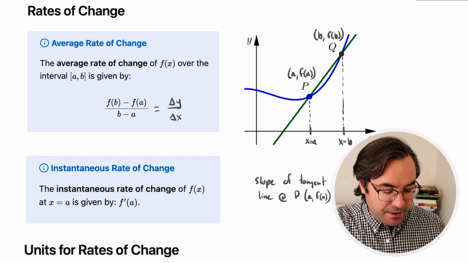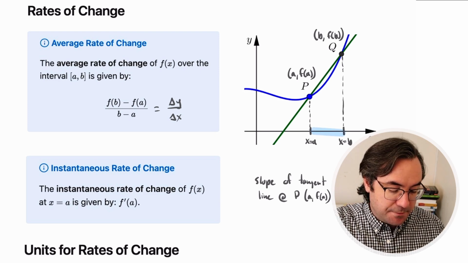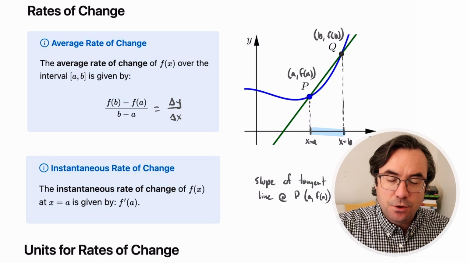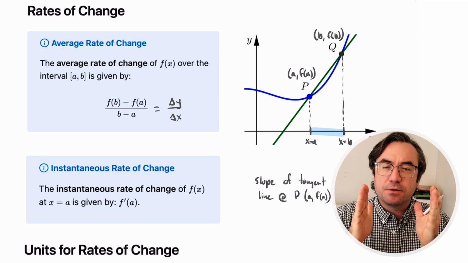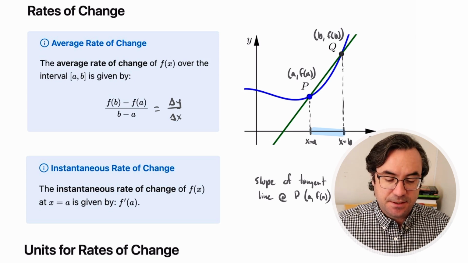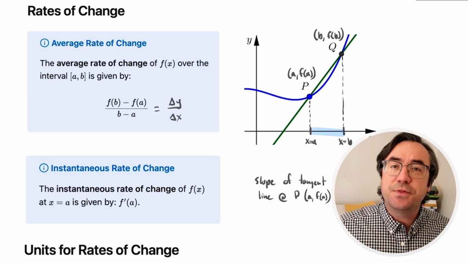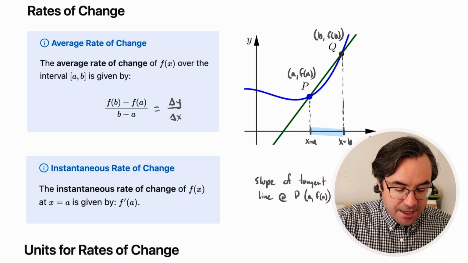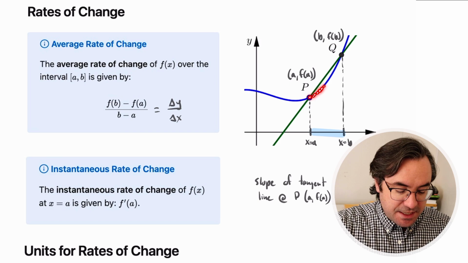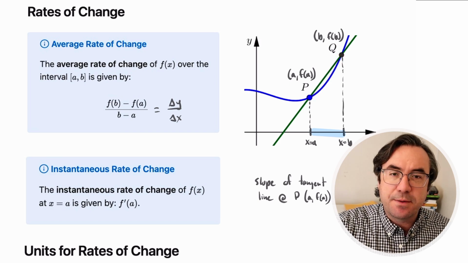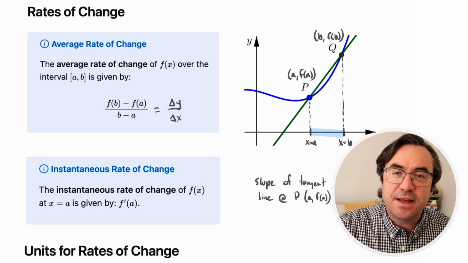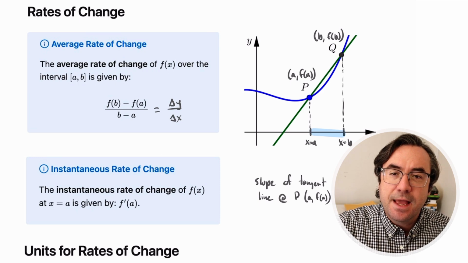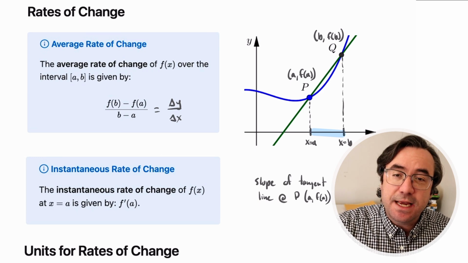So with the average rate of change, we're looking over this entire little section of the x-axis. And essentially what the average rate of change does is it takes all of those instantaneous rates of change at every point inside that section of our curve and averages them all together.